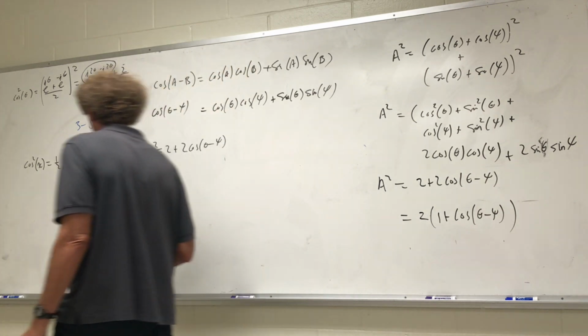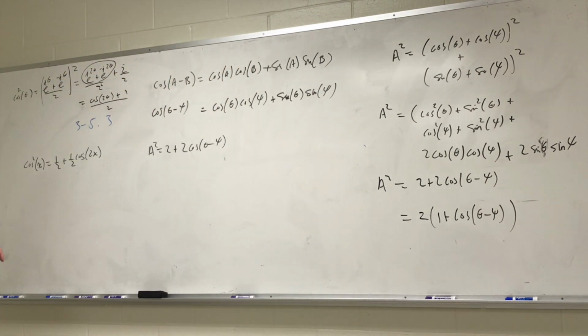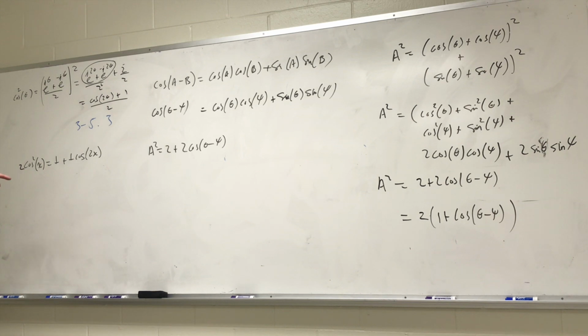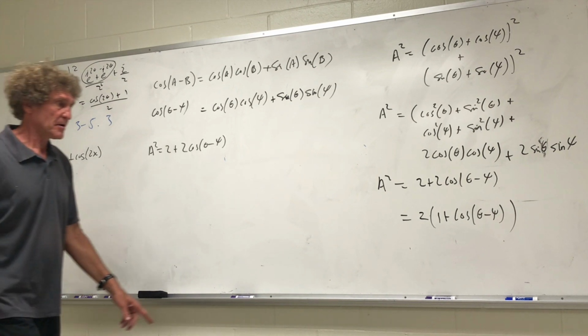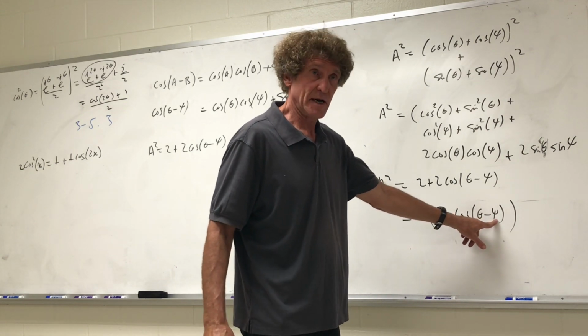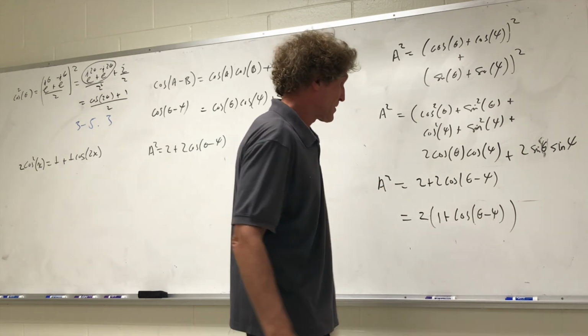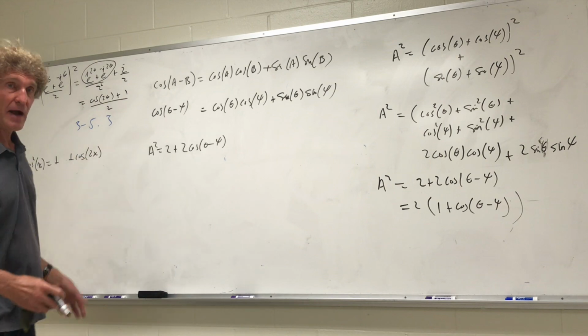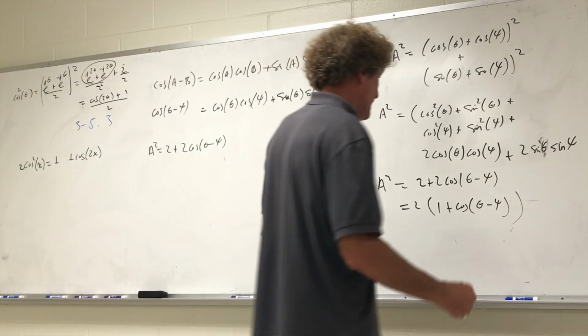And I look over here, and I can say, if I multiply by 2, now if I have 1 plus cosine of 2 times the angle, so here I have 1 plus cosine of, this now is twice the angle. Y'all with me? I can replace that whole thing by 2 cosine squared of half that angle in the argument. Okay.